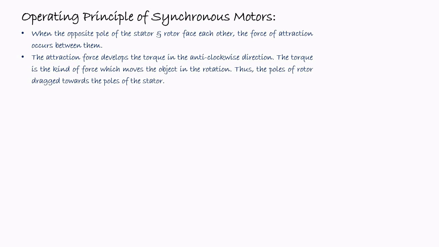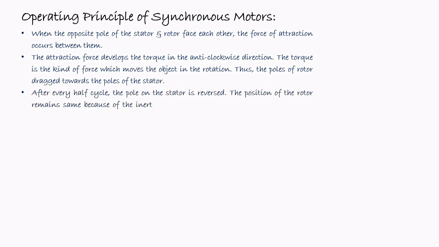Thus, the pole of the rotor is dragged towards the pole of the stator. After every half cycle, the pole of the stator is reversed, and the position of the rotor remains the same because of its inertia. The inertia is basically the tendency of an object to remain fixed in its position. This is called inertia.